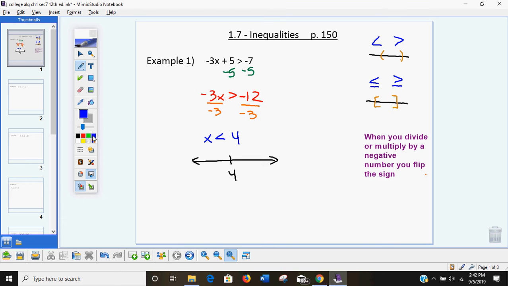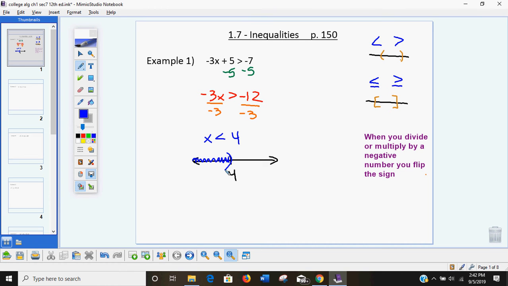So if you look above that, our arrow goes to the left, and I'm going to shade to the left. Now the next thing I need to look at is right here, do I need a parenthesis or a bracket? It doesn't say equal to, so I'm using a parenthesis, and you want to face the way that you shaded.